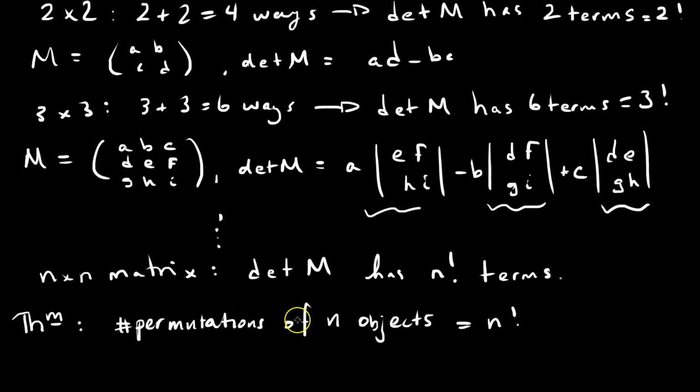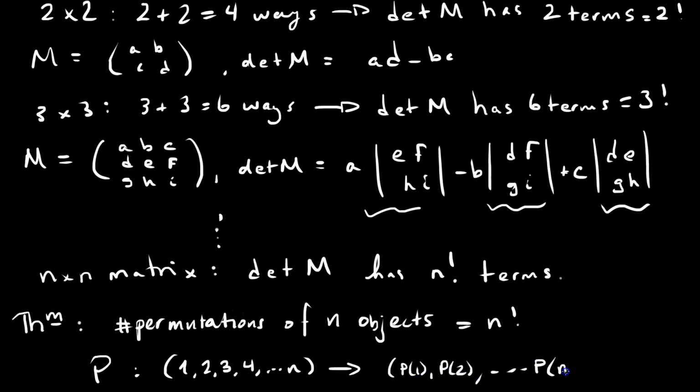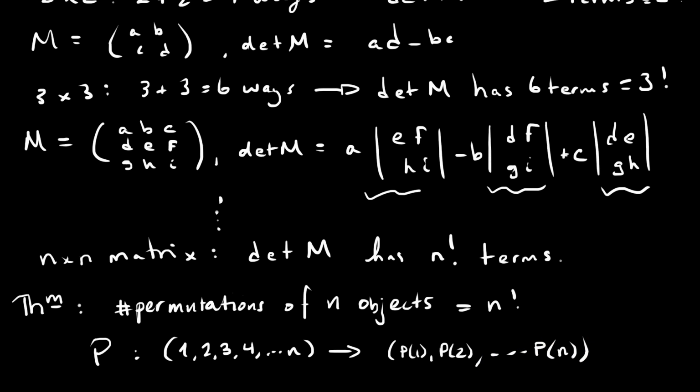By permutation I just mean a permutation P is nothing more than taking an ordered set, like 1, 2, 3, 4 all the way to n, and changing the order of them. So this can go to P of 1, P of 2, all the way to P of n. A permutation just changes the order.